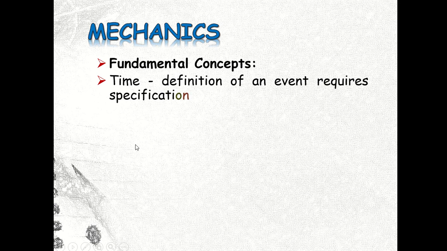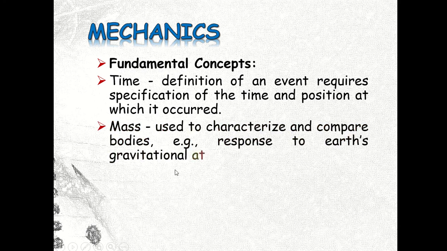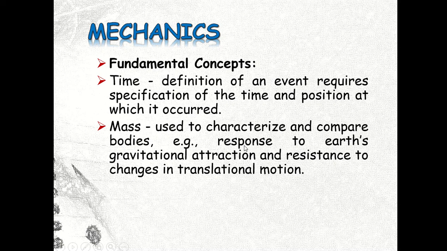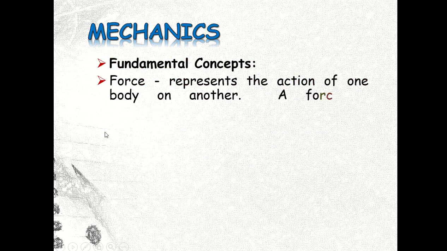So we have time. The definition of an event requires specification of the time and position at which it occurred. Then mass, used to characterize and compare bodies. Example: response to Earth's gravitational attraction and resistance to changes in translational motion. Then another fundamental concept, what we call force.